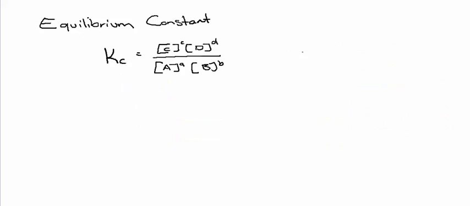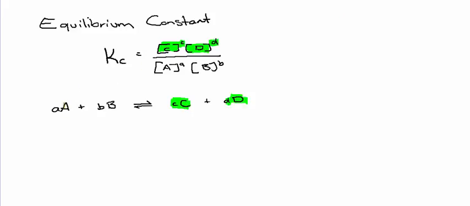One way that we can look at the extent of a reaction or the position of equilibrium is using the equilibrium constant, which compares the concentration of reactants and products at equilibrium. If we have a look at this expression down here, we've got reactants A and B reacting to form products C and D. So we've got the concentration of C raised to the power of the coefficient from the equation times the concentration of product D raised to the power of the coefficient in the equation.